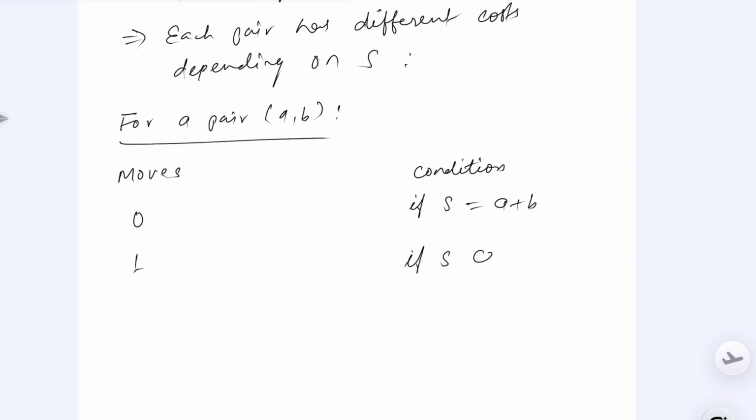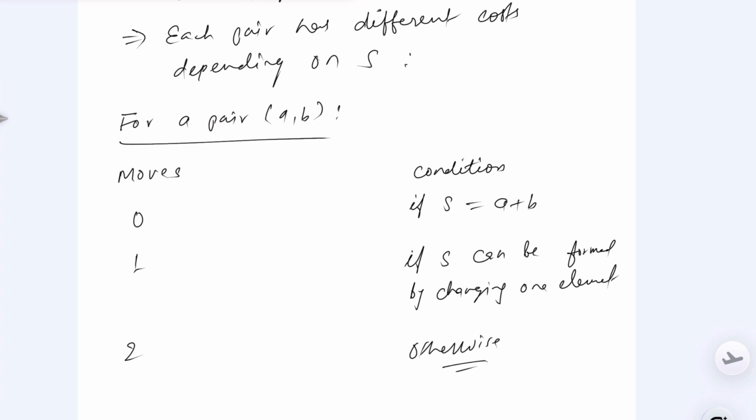If S can be formed by changing one element, we have move 1. Otherwise, the next move.